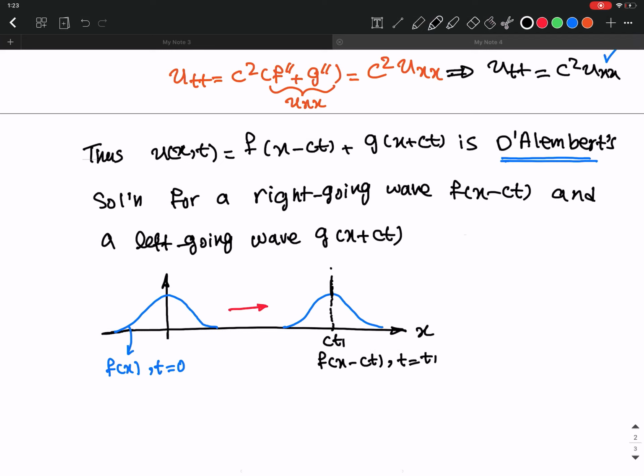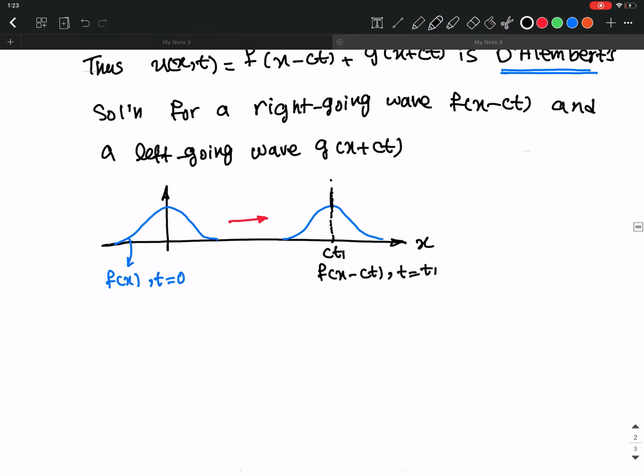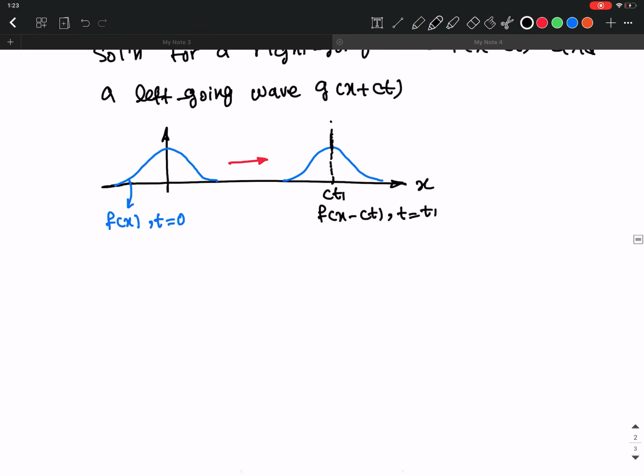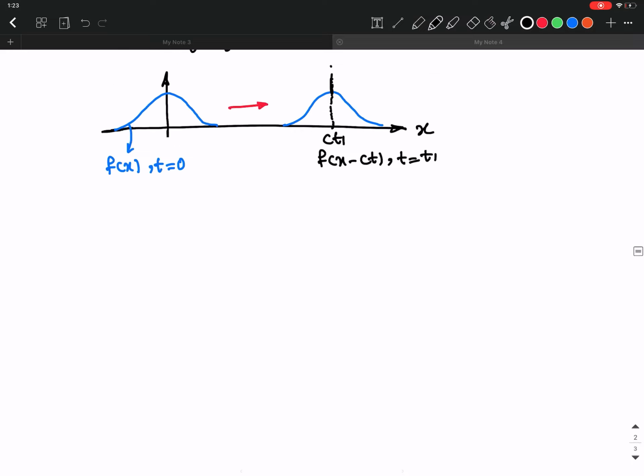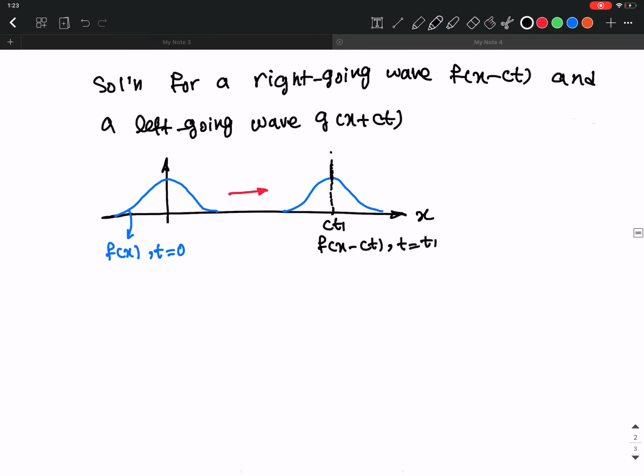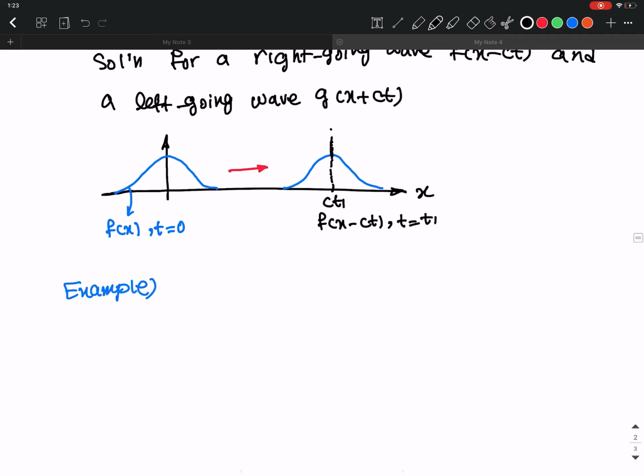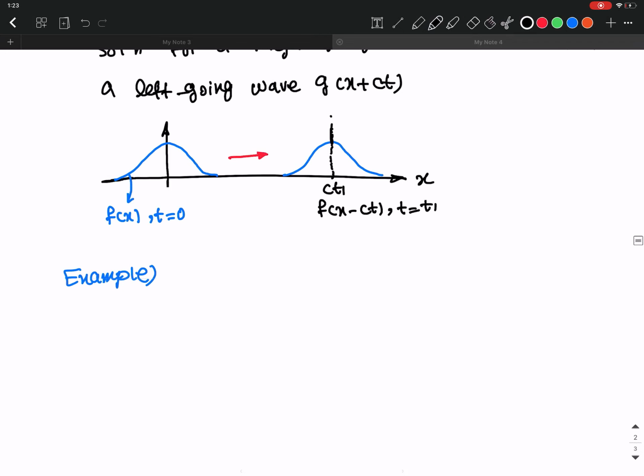And now I'm going to solve an example so you get more familiar with what this means. Let's take one example. How can we solve this in general form?